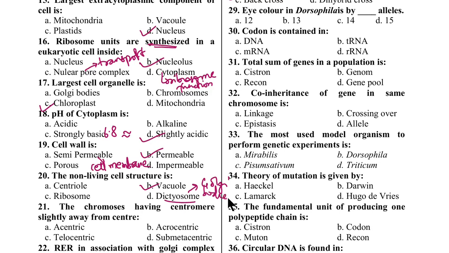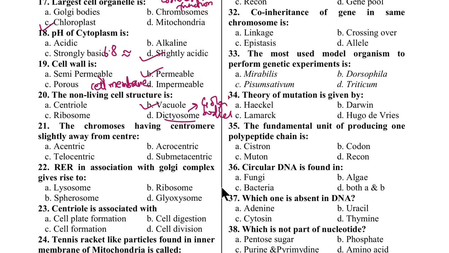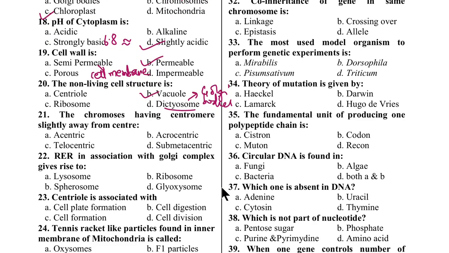And 21, the chromosome having the centromere slightly away from the center. Slightly away means it is submetacentric, obviously. In the case of acentric, there is no centromere. In the case of telocentric, it is at the extreme edge like this.